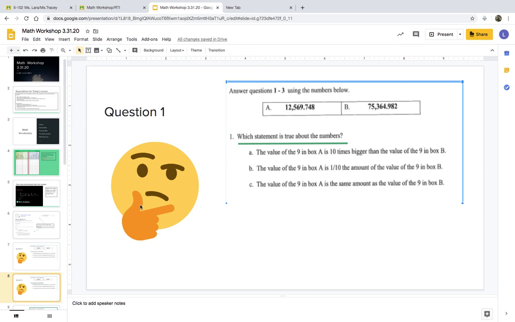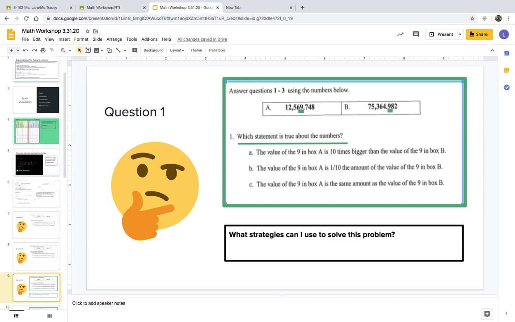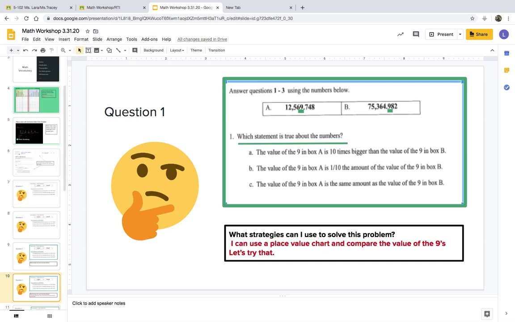So I read it to myself independently. And I think to myself, what strategies can I use to solve this problem? I can use a place value chart and compare the values of the nines. Let's see if I can try that. And the reason why I say the 9 is because I look at the multiple choices and I notice that each number that they're asking about is a 9.